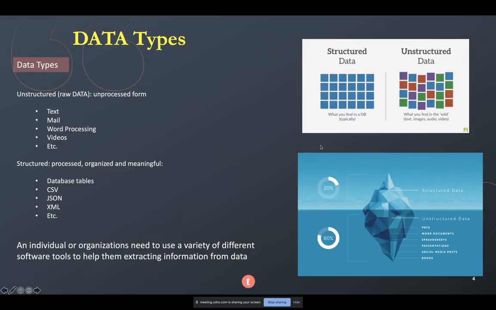Basically, since data can be defined as a container of information, individuals and organizations need to extract this information from data. In order to do that, they can be helped by some software tools.